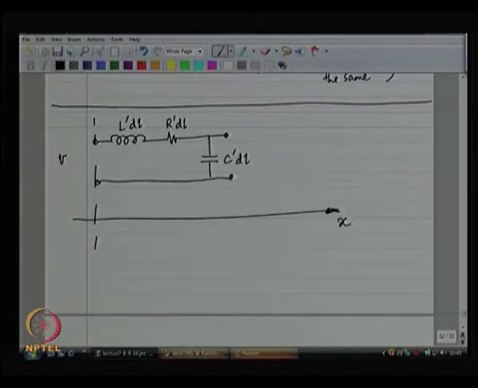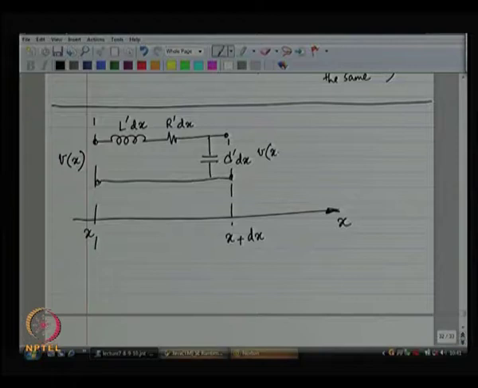At a distance x, the voltage on that piece of wire is V, and at a distance x plus dx, let us call this dx for convenience instead of dl, I have got a voltage V of x plus dx.